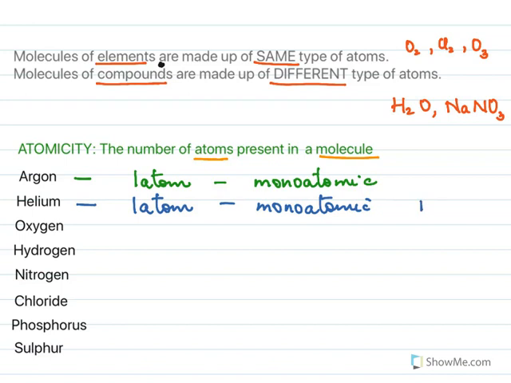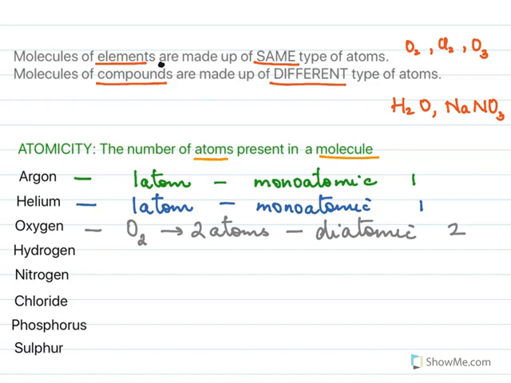Atomicity is 1. Here also you can say atomicity is 1. Next, oxygen. Oxygen we know is O2, so it's made up of 2 atoms. 2 atoms means it is diatomic. Atomicity 2.